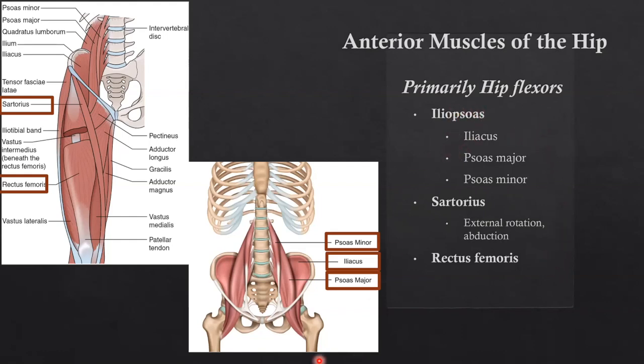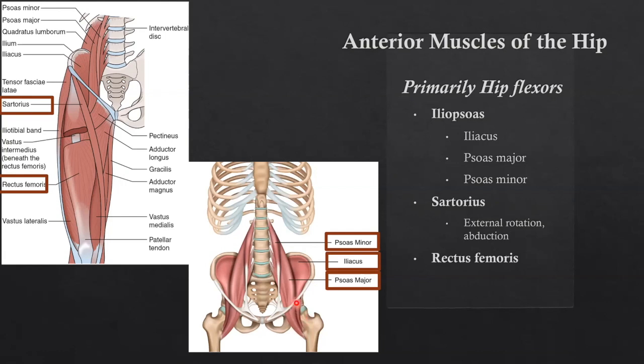Now, the iliopsoas is actually a combination of 3 different muscles. The term iliopsoas is used once each of these muscles crosses the hip joint and attaches on the lesser trochanter of the proximal femur. So this portion right here is what we will be referring to when we talk about the iliopsoas muscle.